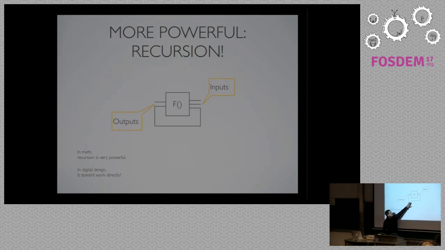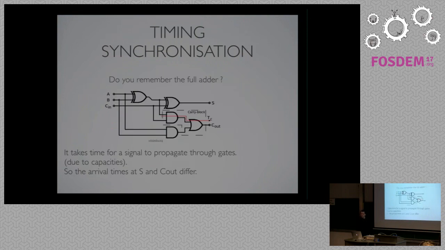The reason is that hardware is not only about logical concepts, it's also about physical concepts like propagation time. If you come back to the full adder, there are 3 inputs, and each time there is a gate, it takes time to compute the output, because there is some hidden capacitance in the design.